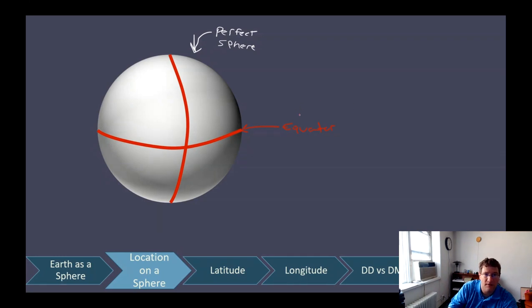North of the equator, you have the northern hemisphere. South of the equator, you have the southern hemisphere.